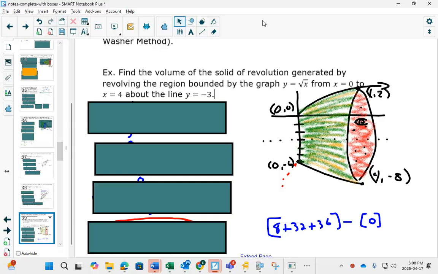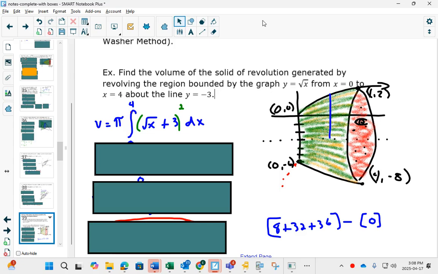Okay, so we have this shape. Again, we need to figure out what this radius is. There's no washer here. It's just a disk. We just need to see what that outer radius is. Well, that outer radius will always be this distance of 3 plus my square root graph. So when I write it out, it's just my square root graph, but now I've added an extra 3 to it.